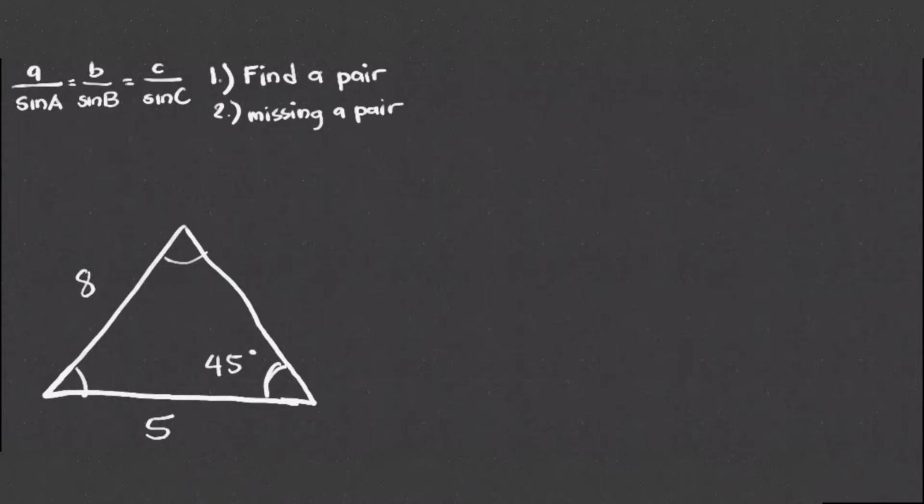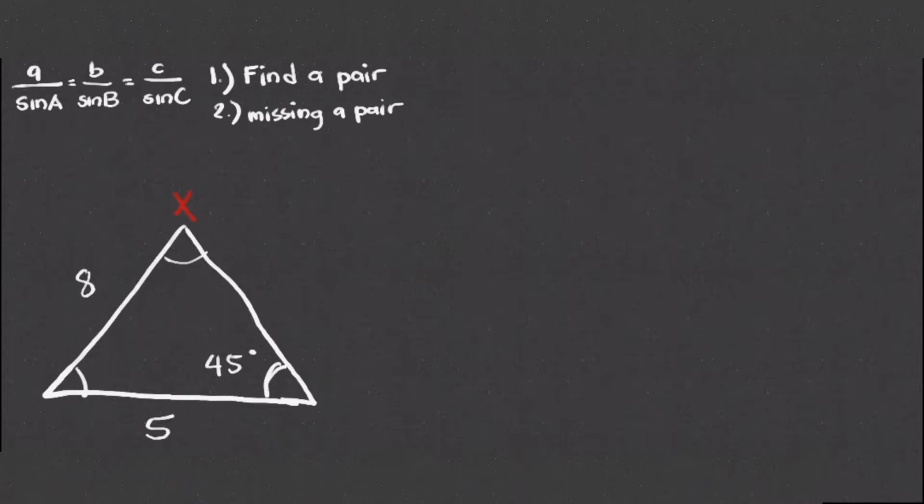So the first step to solve is to find a pair. As we can see, the pair is the 45 degrees and the 8. And step 2 is to find a missing pair. So in this case, it's the 5 and its missing pair. Let's call it angle X.